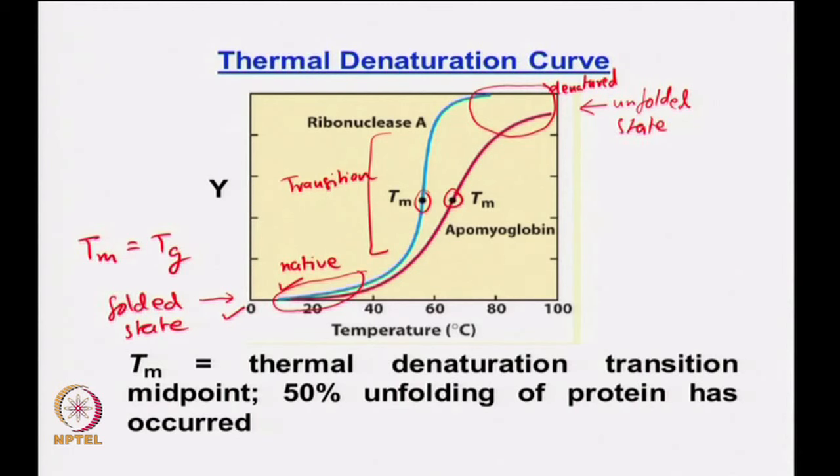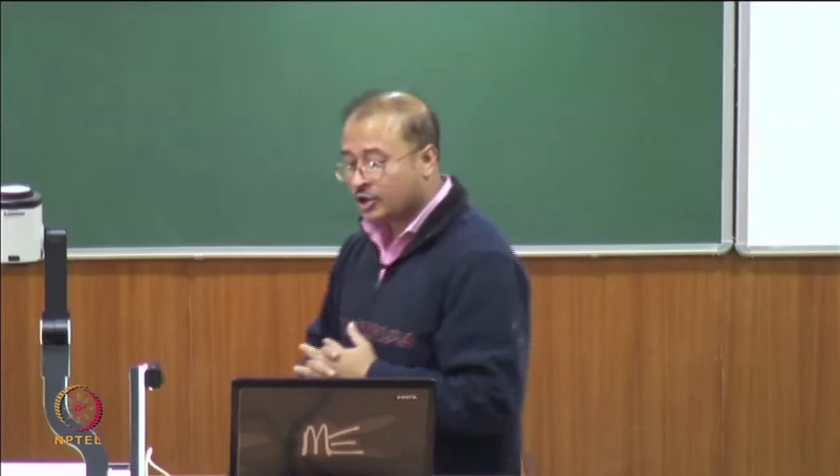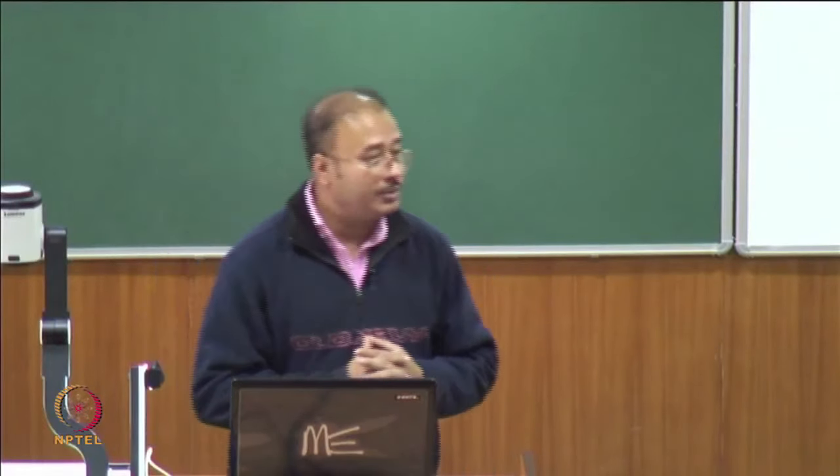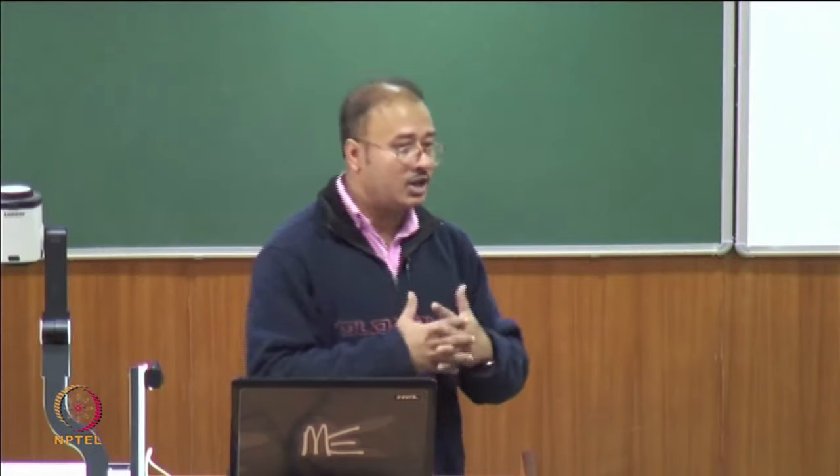Okay, before I move on, there is one more comment I would like to make. Suppose you are looking at free energy changes, right. Your free energy change is related to equilibrium: delta G is equal to minus RT ln K equilibrium, right.